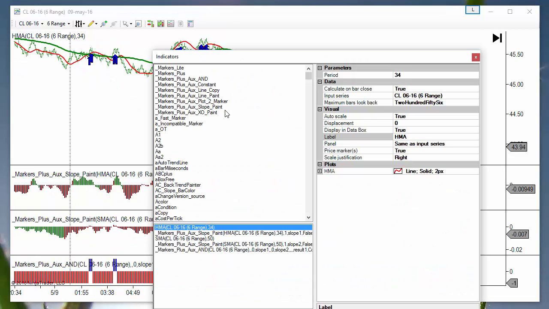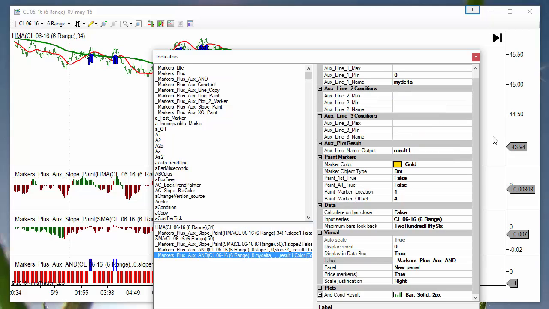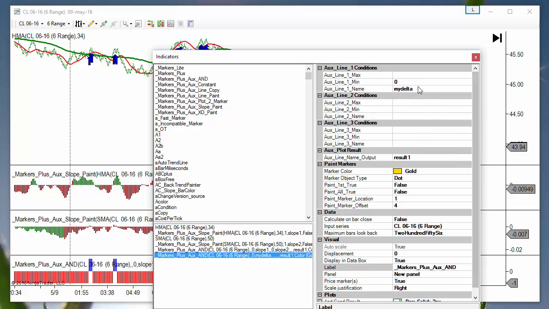Now we can do the same for the shorts. We also use the AND indicator, and when slope 1 has a maximum of 0, so it is below 0, and slope 2 has a maximum of 0, we get a result number 2.